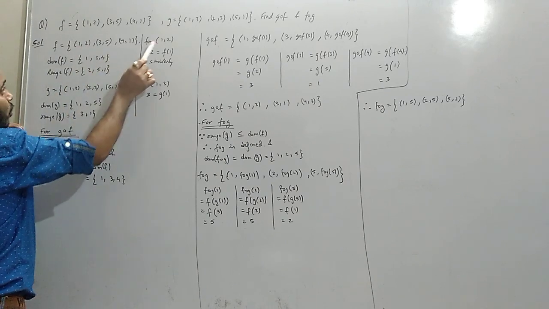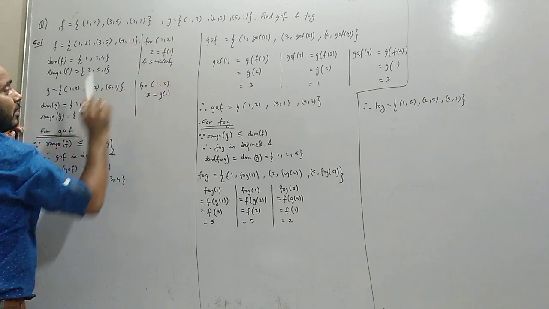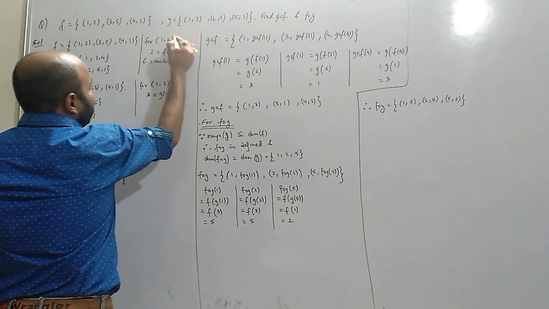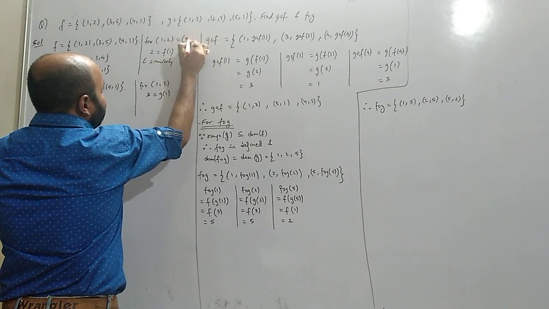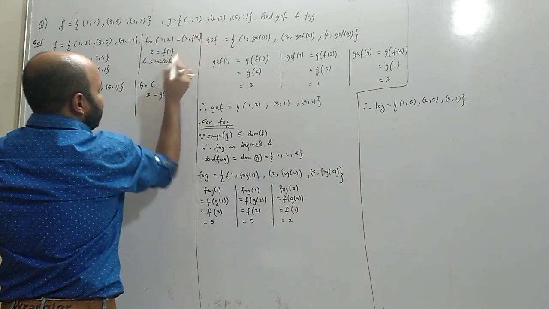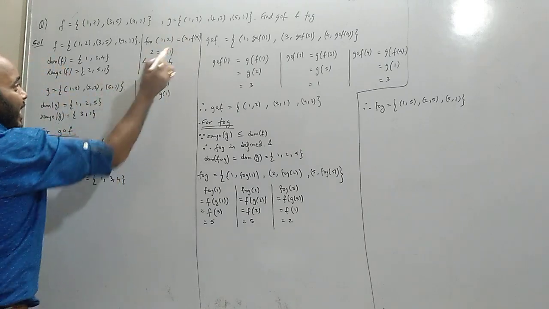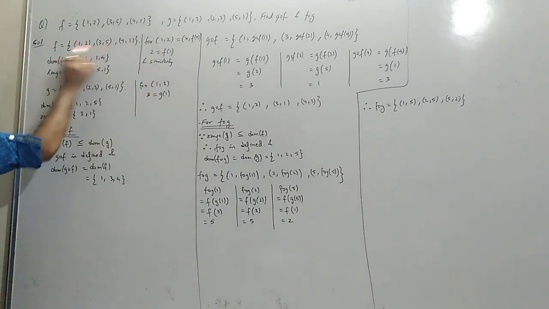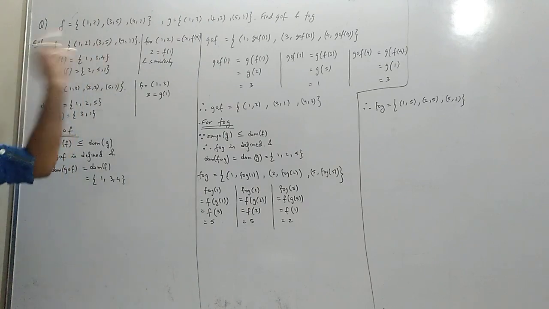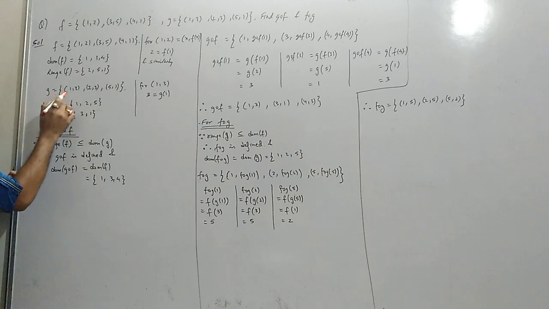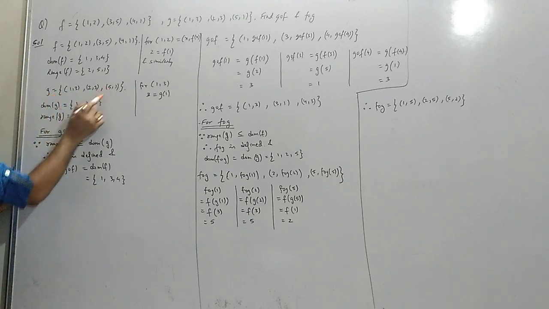So what is 2? 2 is f of 1, because it is x, f of x. You have to understand that the first one will be x and the second one will be f of x. Why f? Because it's a function of x. Okay? Similarly, g is a function given to you. From there we get domain of g: first elements 1, 2, 5.